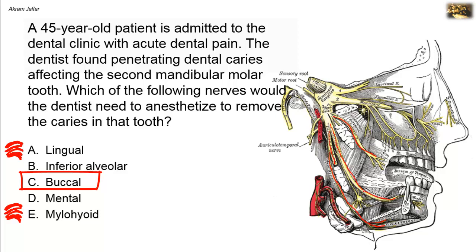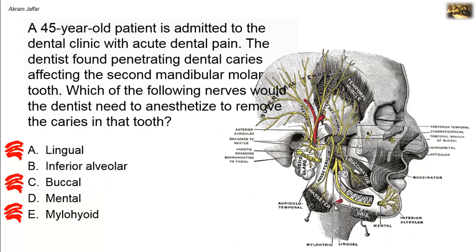For the skin, superficial to buccinator, mucous membrane, deep to buccinator muscle. It also participates in the innervation of the mandibular vestibular gingiva of the mandibular molars, but it doesn't supply the teeth themselves.